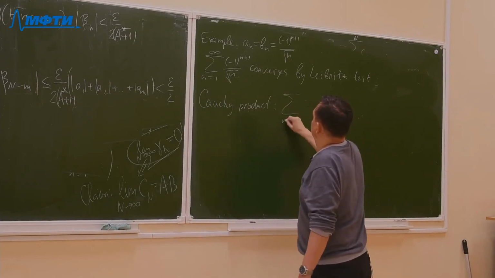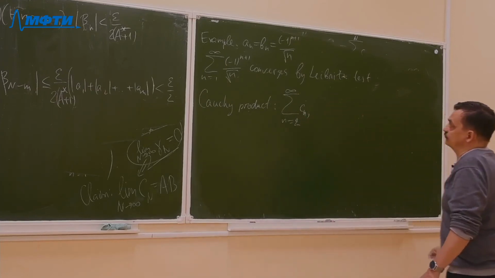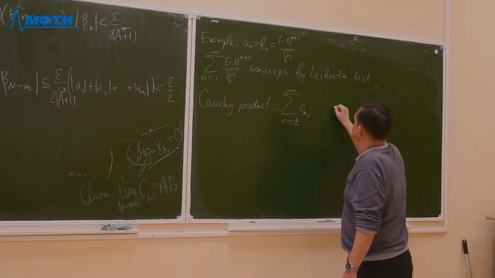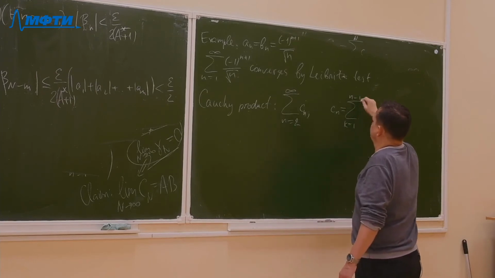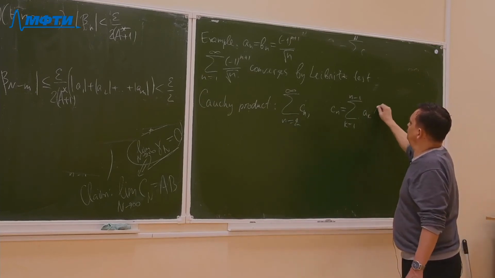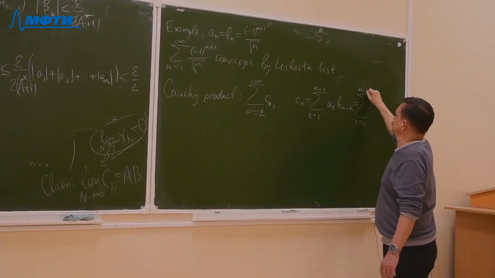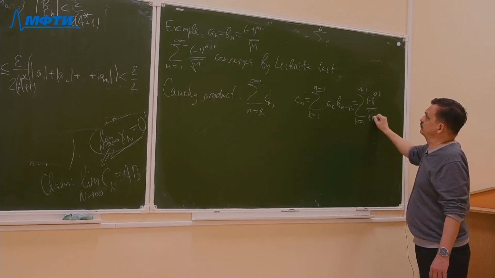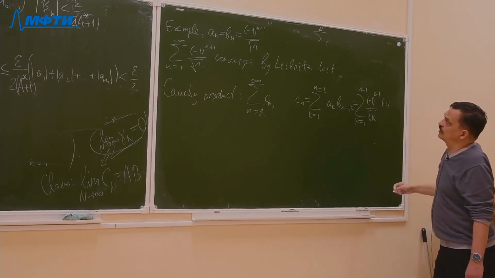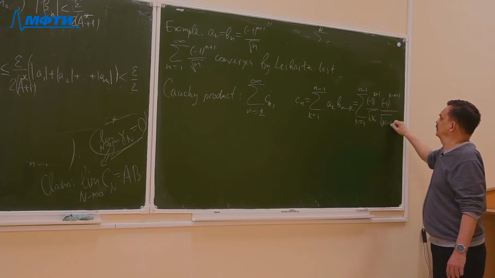That is the sum n from 1 up to infinity of C_n, where C_n equals the sum k from 1 up to n minus 1 of a_k b_{n minus k}. In our case, that is the sum k from 1 up to n minus 1 of minus 1 to the power k plus 1 over square root of k times minus 1 to the power n minus k plus 1 over square root of n minus k.